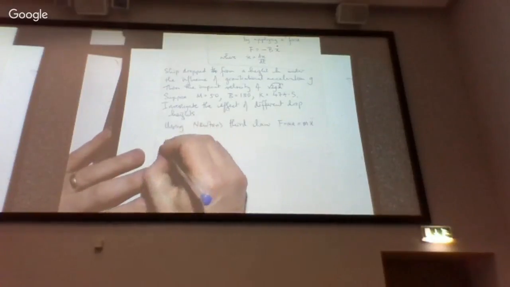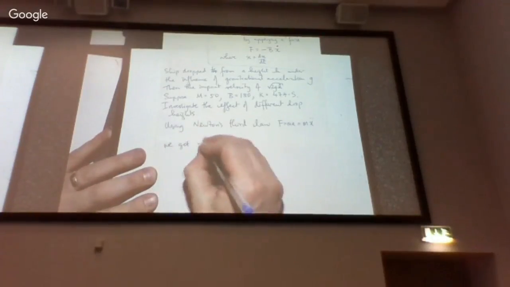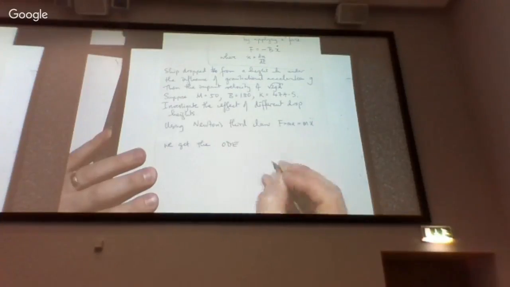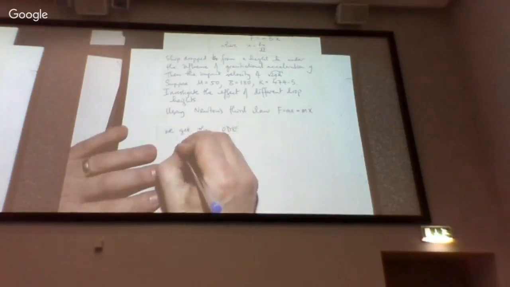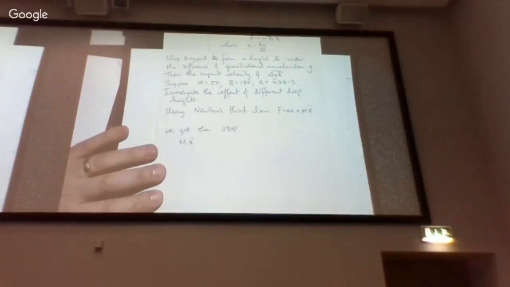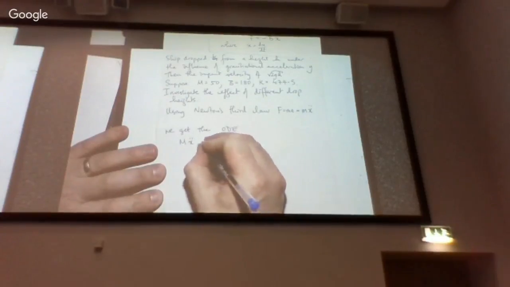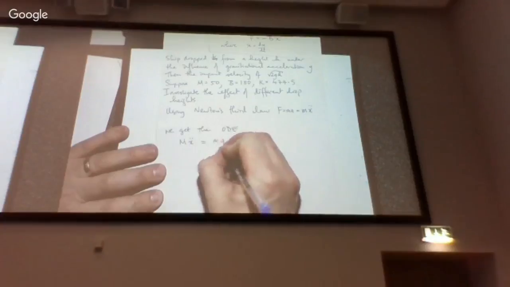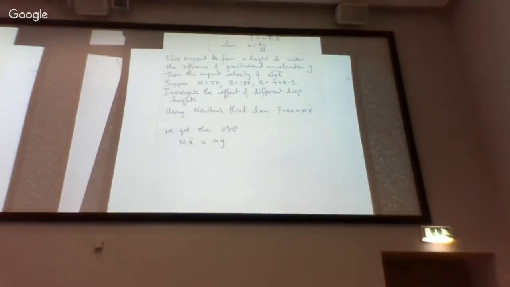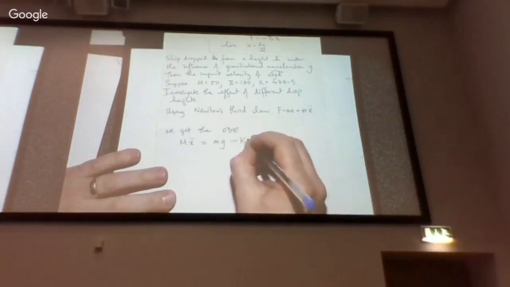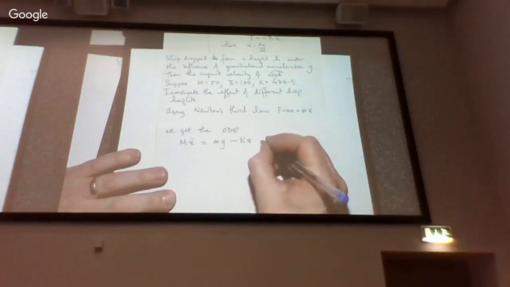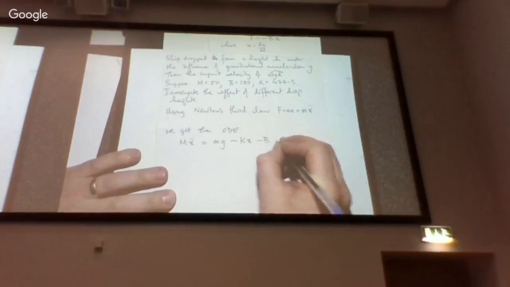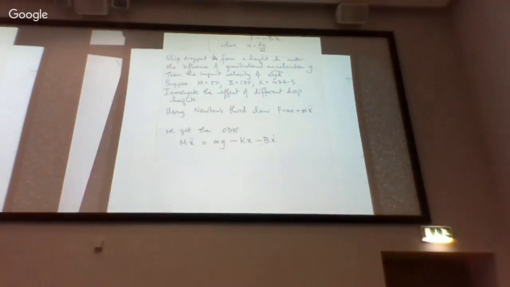And we get this differential equation, m times the second derivative of x equals the force due to gravity acting on the mass, then you've got the spring force acting on it and the damping force acting on it. Okay, so this is x as a function of t.